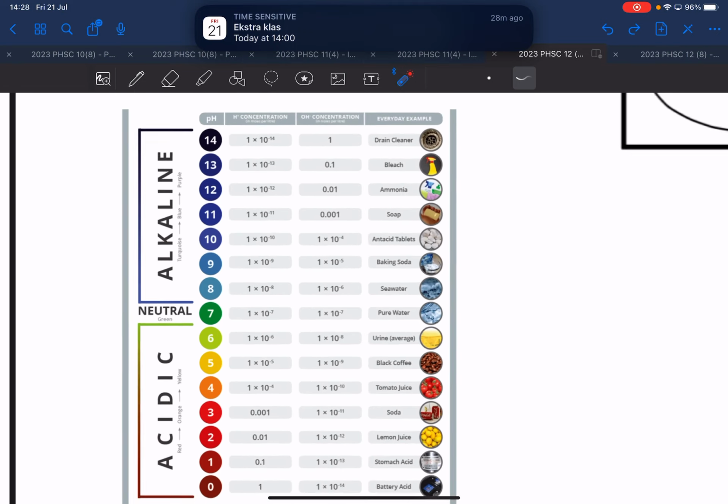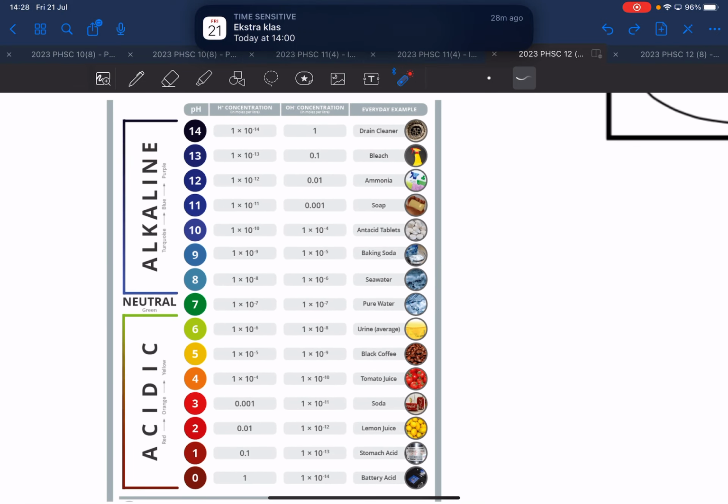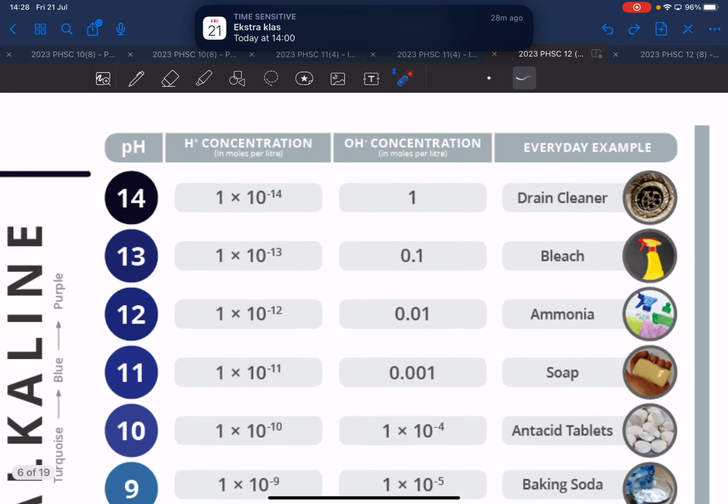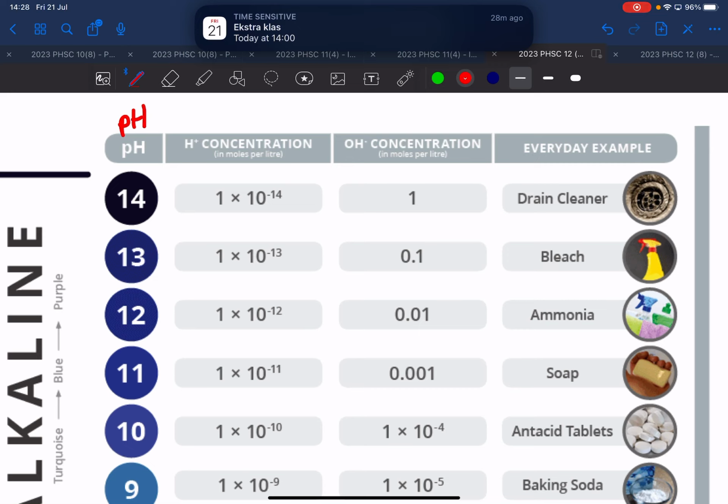Right, now here on the left-hand side, okay, your table is not that clear, but let's have a look. On the left-hand side, they give you the pH of the substance. You know the pH range is from 0 to 14. Then it's the concentration of the hydronium ions. Then it's the concentration of the hydroxide ions. And then an example.